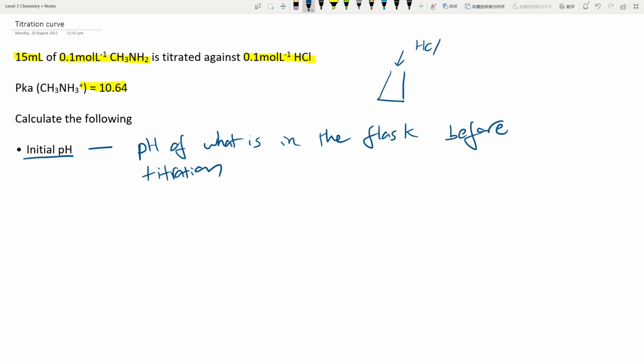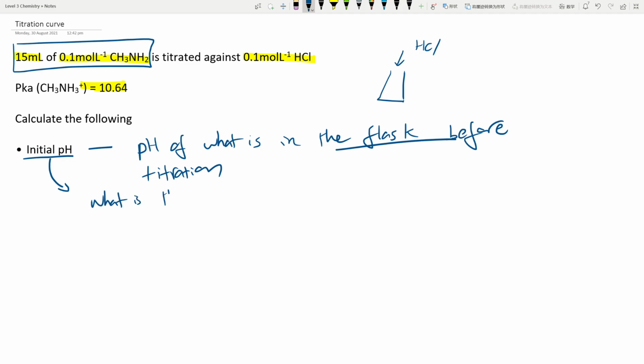You need to think about what's in the flask, and this is where you need to remember from your Year 12 titration that the one with the certain mL is always the one that you accurately measure out from the pipette, so that goes in the flask. In this particular question, I'm just calculating the pH. The question is literally asking you, what is the pH?